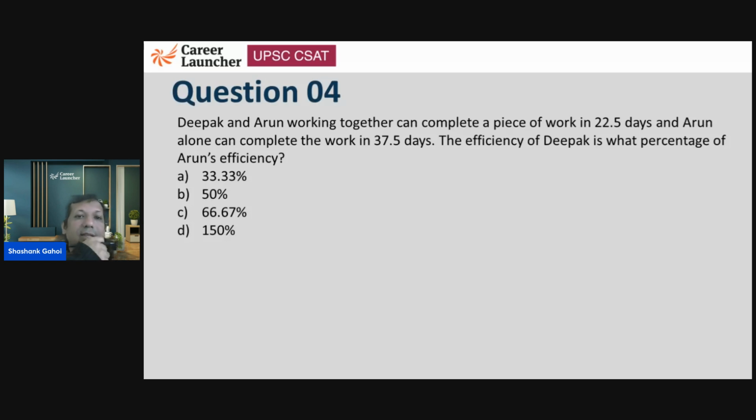Now Arun and Deepak working together can complete a work in 22.5 days. Arun alone can finish the job in 37.5 days. The question is asking: the efficiency of Deepak is what percent of Arun's efficiency? Deepak plus Arun are taking 22.5 days, and Arun alone is taking 37.5 days.